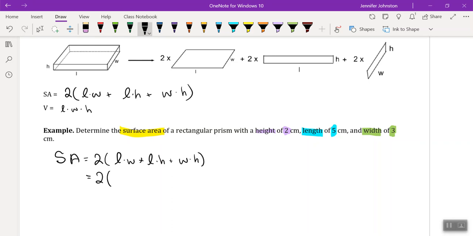So we want to keep the 2 outside. Let's put the length for 5. So 5 times 3. That's our length, and we see the width. And then we have another length here, so again a 5, but we're going to multiply it by a 2 this time.